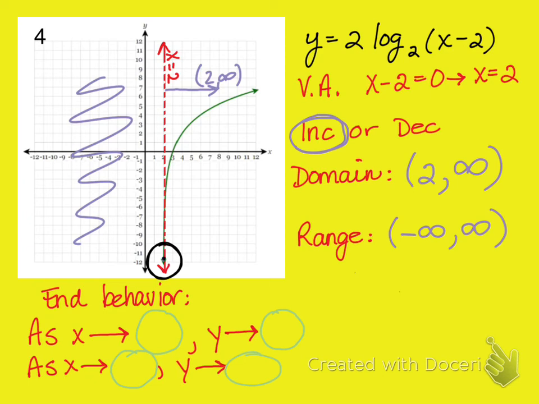One there, one there, one here, one here. Notice that all those are very close to 2. So x is approaching 2, but all those y values are going to become more negative. Yet on the other side, they're going to get more positive and keep going up.